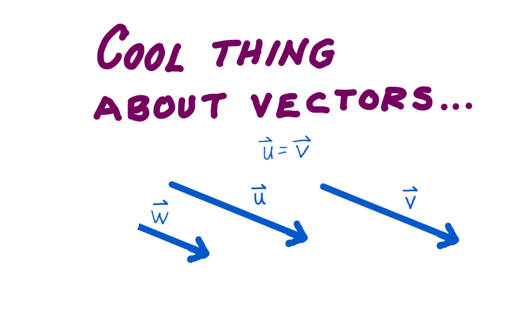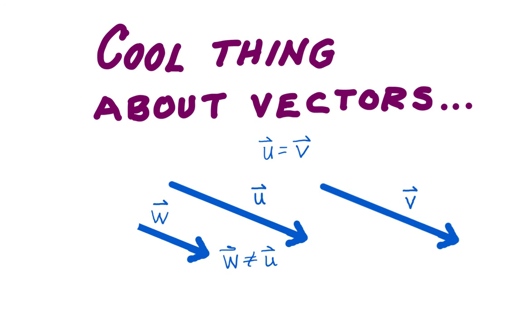However, vector W does not equal vector V or U, because although vector U and vector W have the same direction, they do not have the same magnitude.